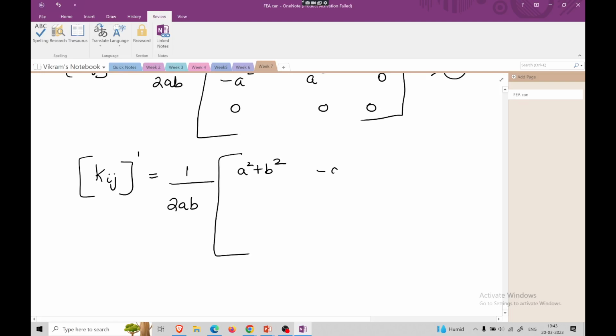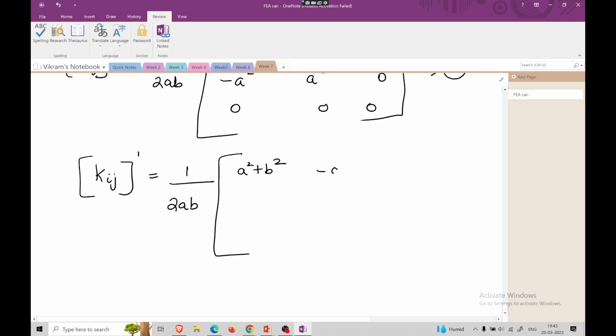So the global stiffness matrix will be simply 1 by 2ab, this will be a square plus b square, correct? And what was K12? It will be K31 of the first element.